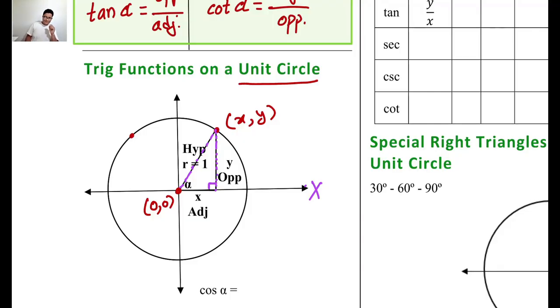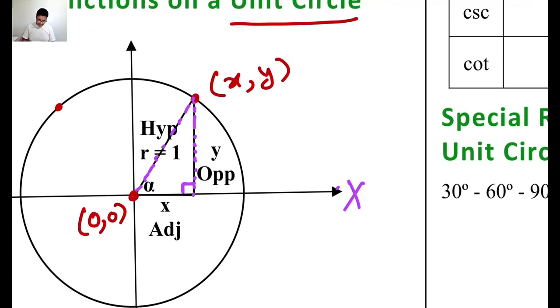And then it has a very beautiful interpretation here. In this right triangle, going by the definition of what x and y coordinates are, the adjacent side for this angle, if you take that angle to be alpha, that the radius makes with the positive x-axis. That is the standard position of the angle, if you remember.